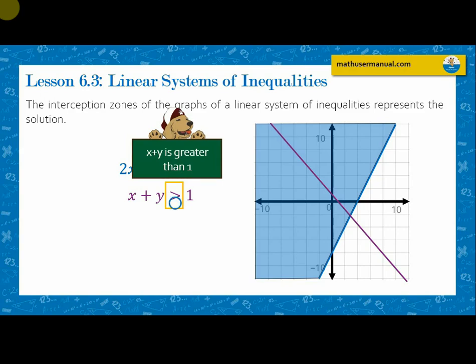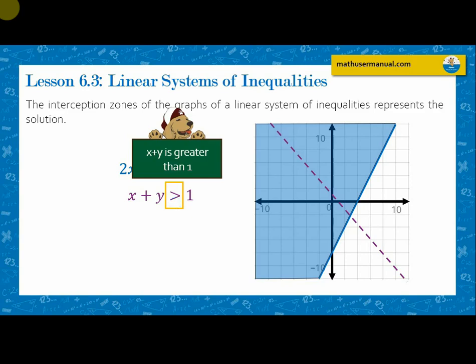But before we color the region above the line, we have to pay attention that this one doesn't have the equal sign. x plus y is not allowed to be 1, so we are not allowed to have anything on this line. Because we're not allowed to have any points on this line, we change it to a dotted line. The dotted line means we are not allowed to pick any point touching that line.